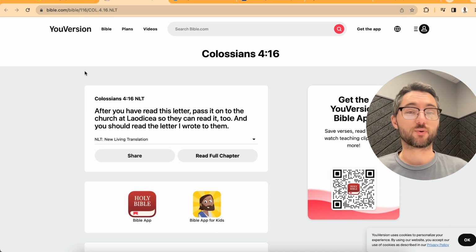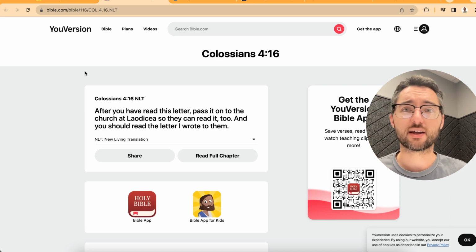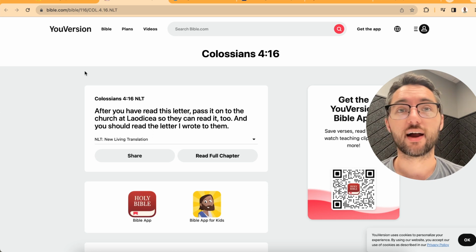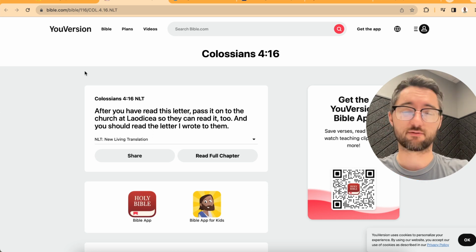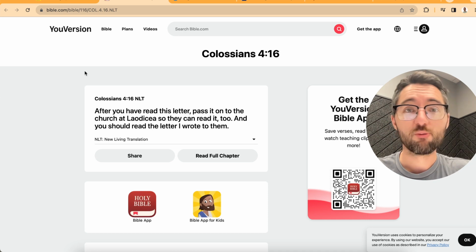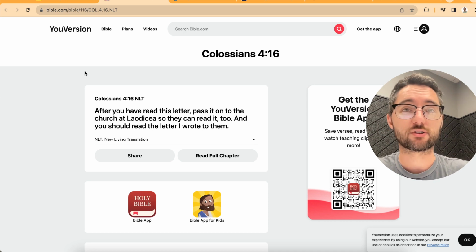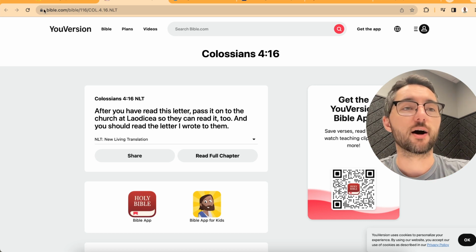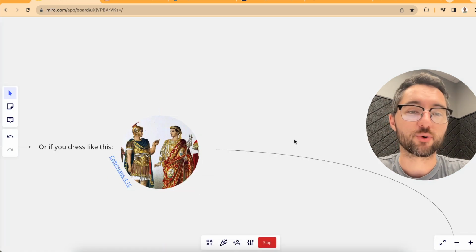Now, does that mean we can't take anything away from this? That it doesn't apply to us? That it has no relevance to us? No, absolutely not. There's tons of relevance and there's tons of meaning packed into every word of Scripture. But the expositional method believes that in order for us to understand the meaning for us, we first have to understand the meaning for them. So that is why this is important.